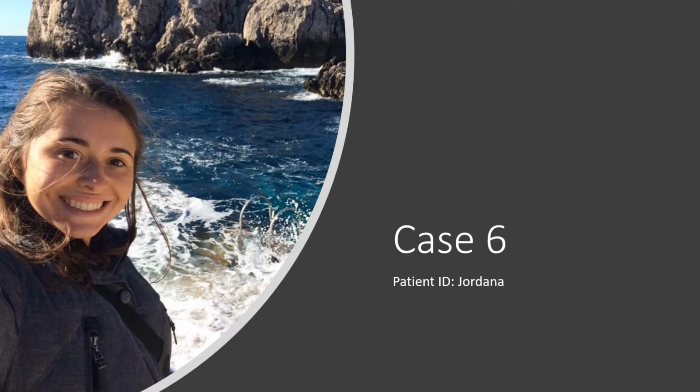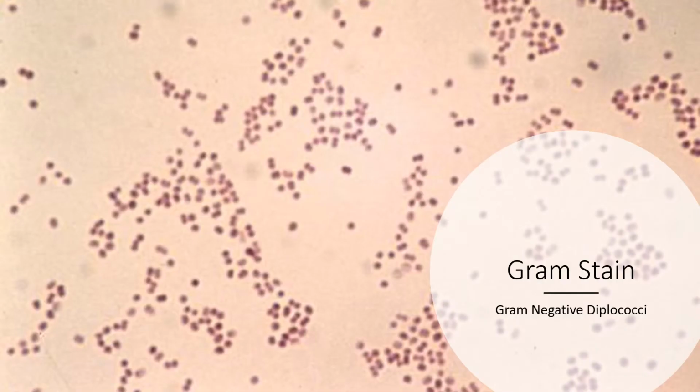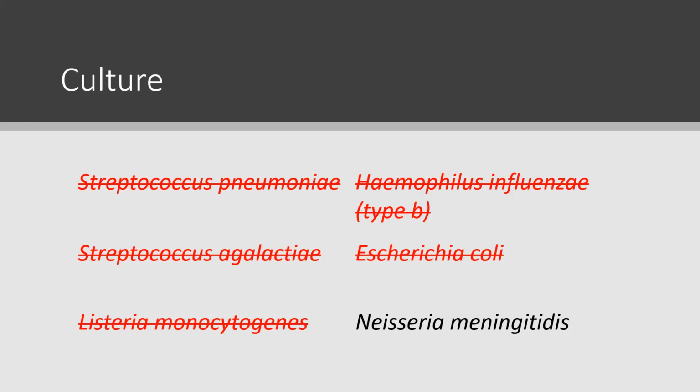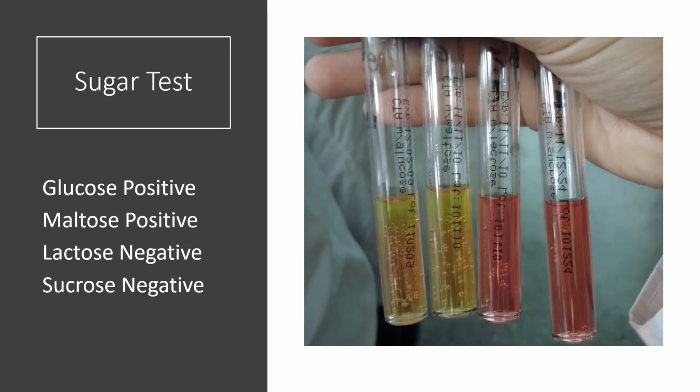Case Study 6 presented with gram-negative diplococci, and there was no growth on MacConkey. The sample might be Neisseria or Moraxella. Further identification can be obtained by a sugar test where glucose and maltose presented positive and lactose and sucrose presented negative.